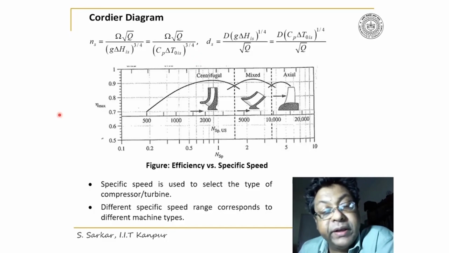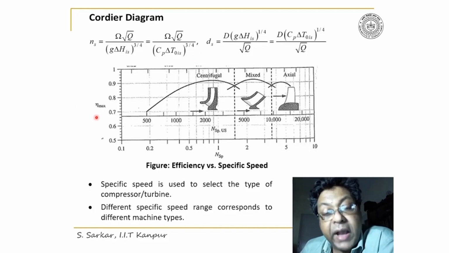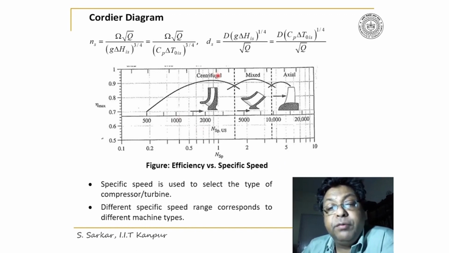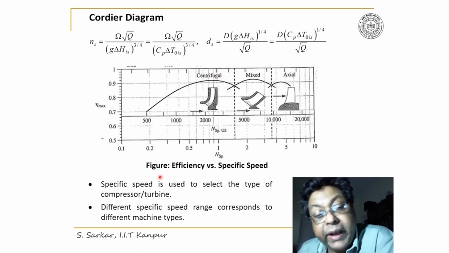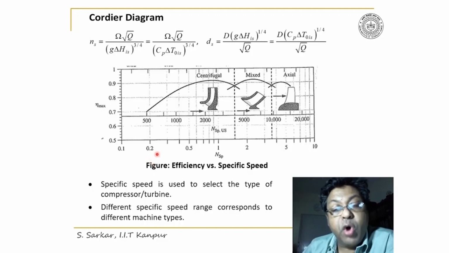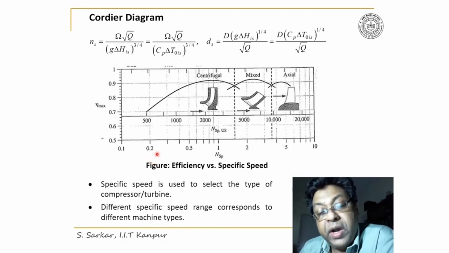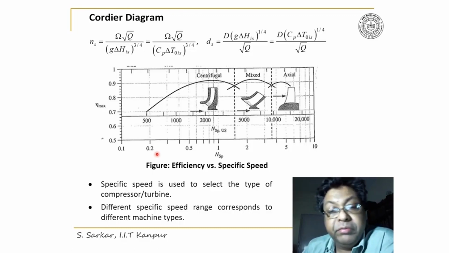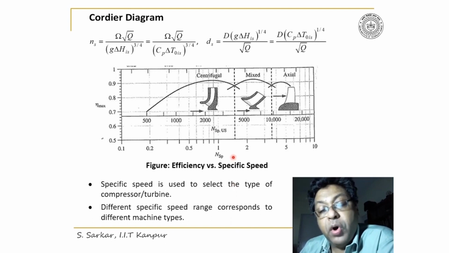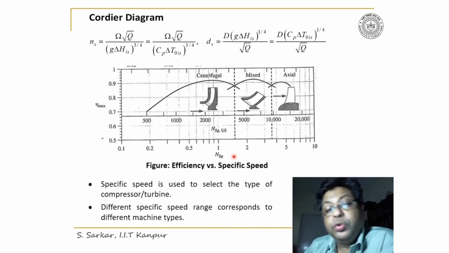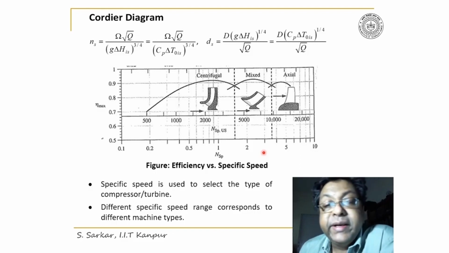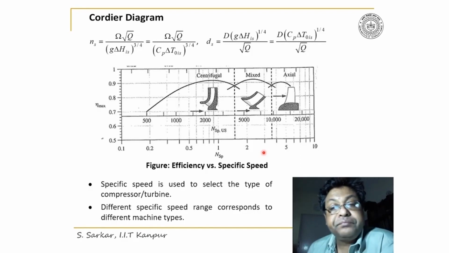Now if we represent eta maximum versus specific speed, we'll realize that the radial flow machine falls in the range of specific speed 0.2 to around 0.7, 0.8, the mixed flow in the range of 0.7 to 2.5, and beyond 2.5 are axial flow machines.